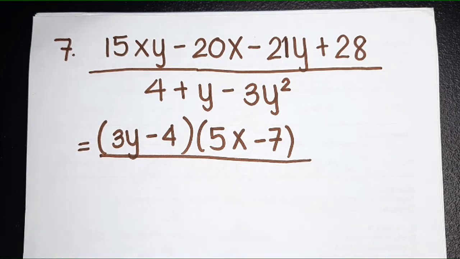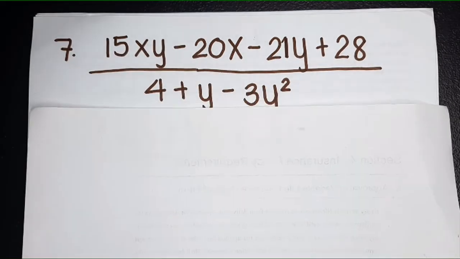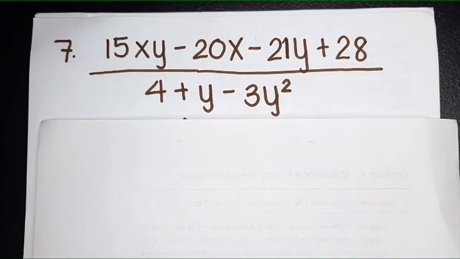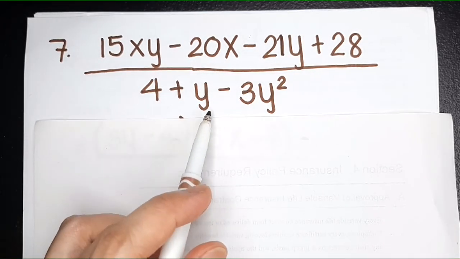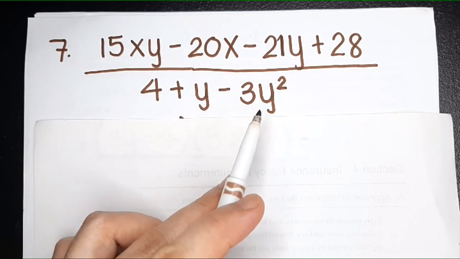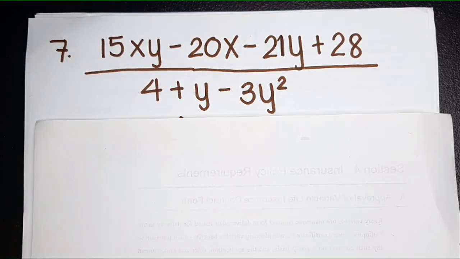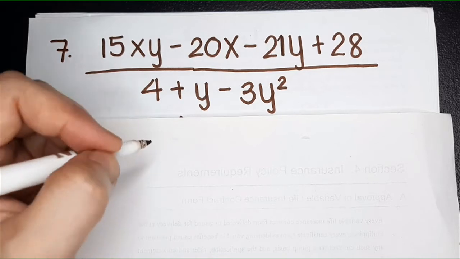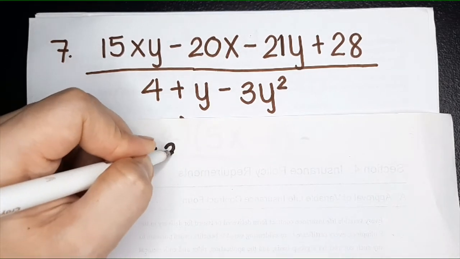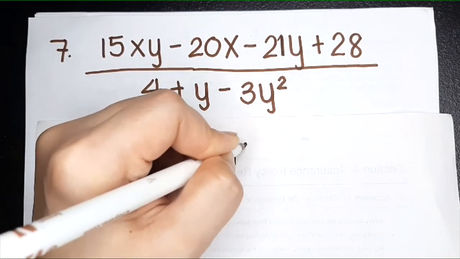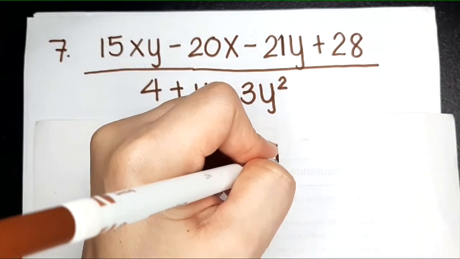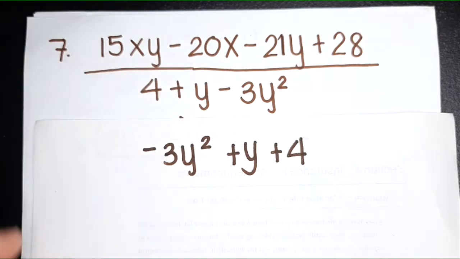Okay? So, let's have a scratch paper again. Here. Okay? So, we have 4 plus y minus 3y squared in the denominator. So, let's rearrange. Kasi mas sanay tayo na yung may y squared yung nauuna. So, we'll have negative 3y squared plus y plus 4.